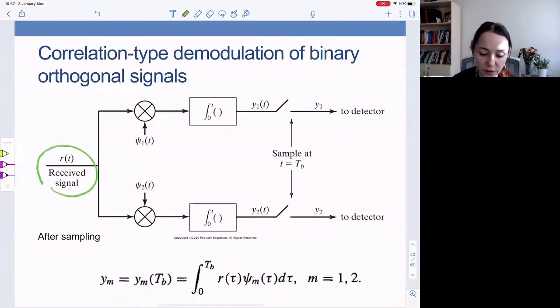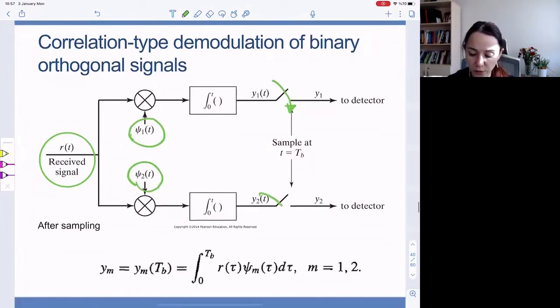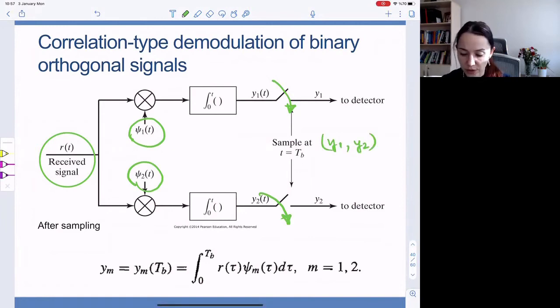Take the received signal, correlate it with phi1, sample the result, correlate it with phi2, sample the result, and we have a demodulator output in the form of a vector with two entries.